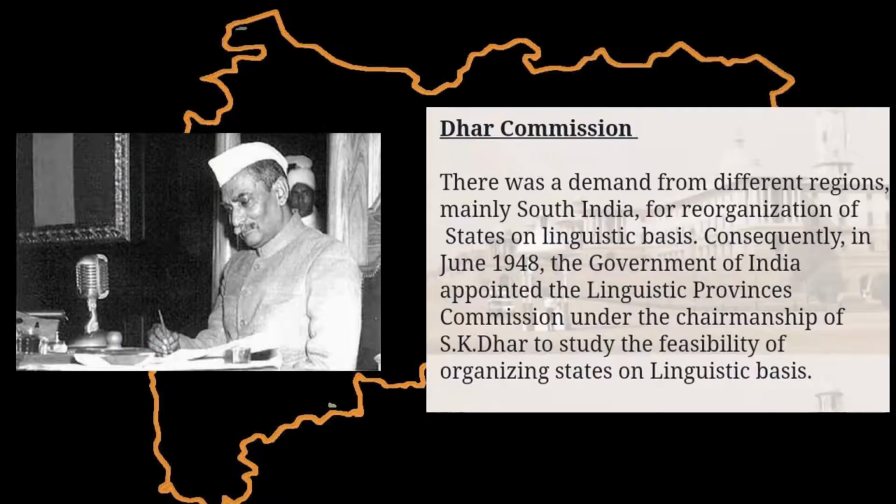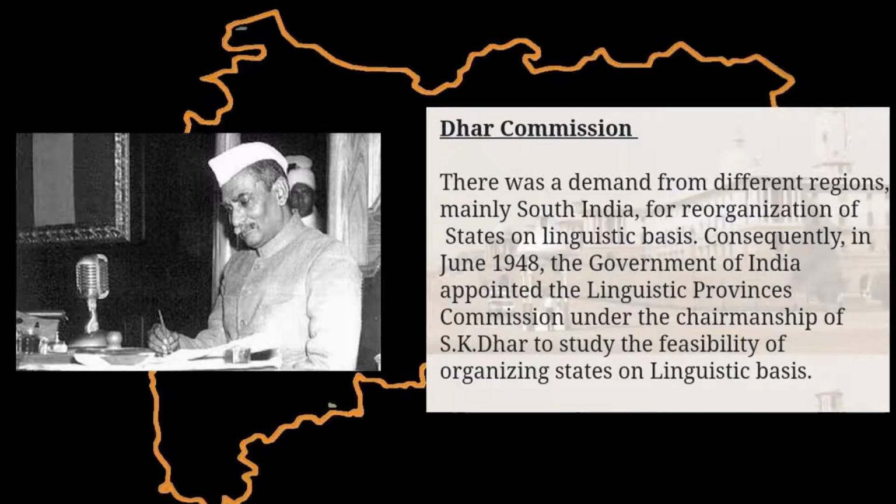Now the next point is the Dar Commission. On 17th June 1947, Dr. Rajendra Prasad, when he was the President of the Constituent Assembly, established the Dar Commission under the chairmanship of Justice S.K. Dar. He formed this commission for forming linguistic provinces.